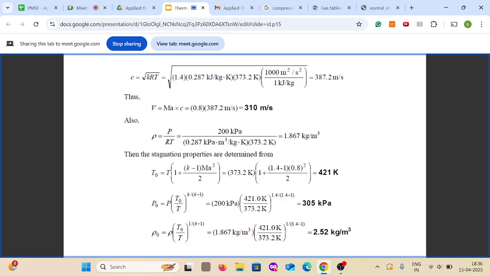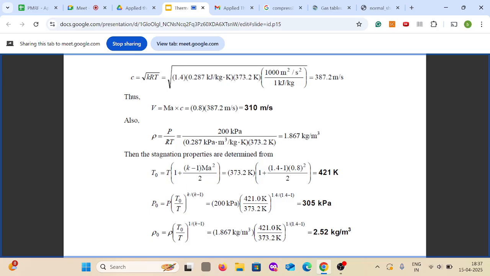It comes out to be 421 Kelvin. Then P naught is P times (T naught by T) raised to power gamma by gamma minus 1. So P is 200 kilopascal and T naught by T is 421 divided by 373 raised to power 1.4 by 0.4. It comes out to be 305 kilopascal.